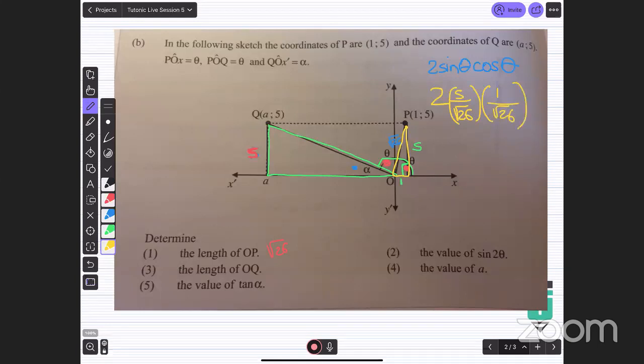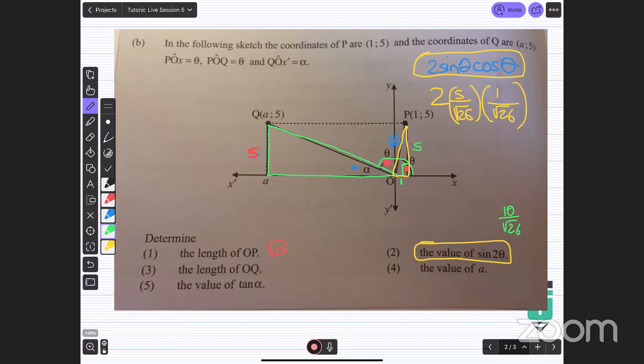Okay, so that's the value of sine 2 theta, which is what the question is actually asking. So it's 10 over root 26. I'm pretty sure you can rationalize the denominator, but it doesn't look very nice. Anyway, doesn't matter.